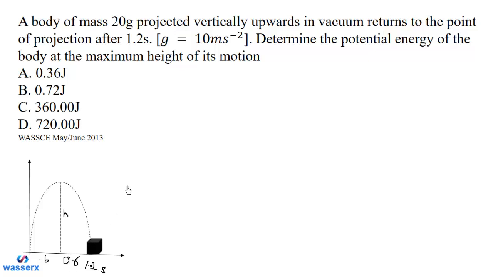Now what we do next is to calculate the potential energy of the body at the maximum height of its motion. We are going to use the fact that the kinetic energy on projection of this body is equal to the potential energy at maximum height.